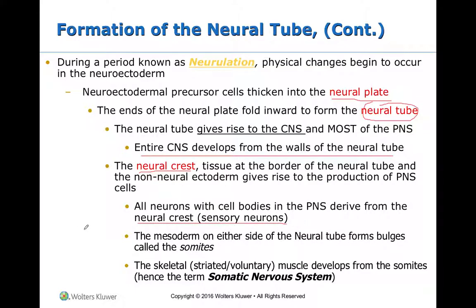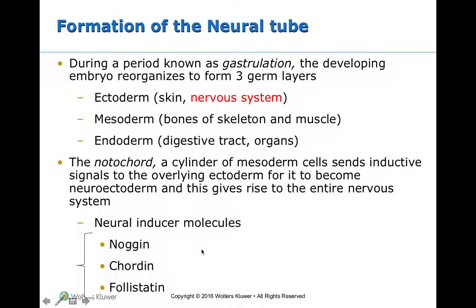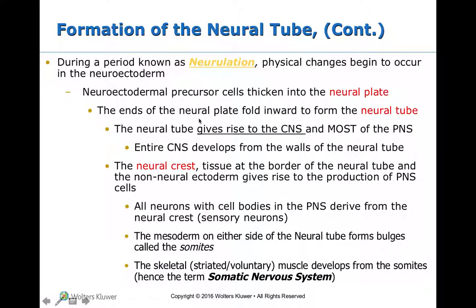The mesoderm on either side of the neural tube will form bulges called somites, and something should be clicking in your head right now that this is related to our somatic nervous system. The skeletal and striated involuntary muscle develops from these somites. And check this out, mesoderm, bones of skeleton and muscle.